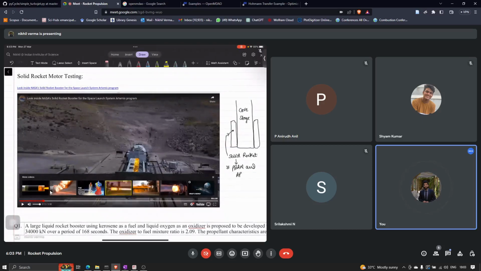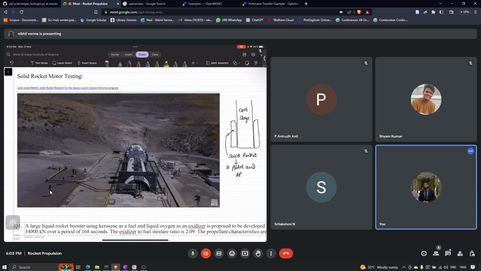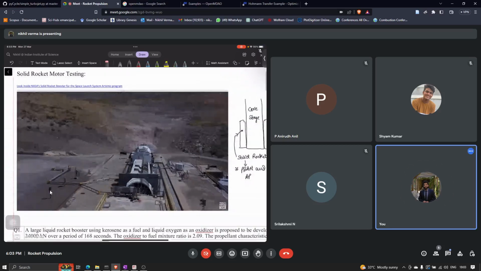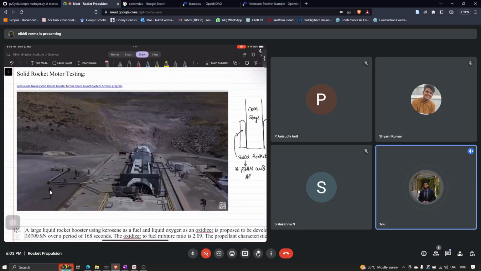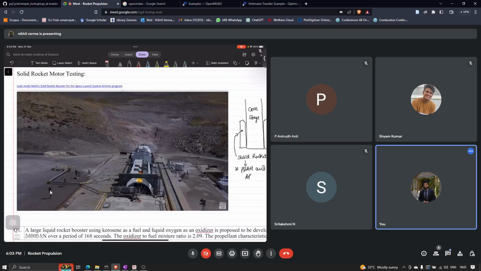Okay, so this video shows how the solid rockets are tested. As you can see here, this shows the sectional view, and in the starting we do the ignition.